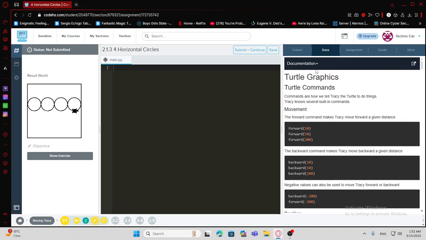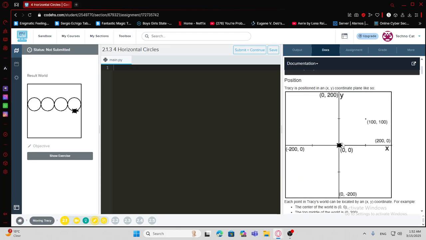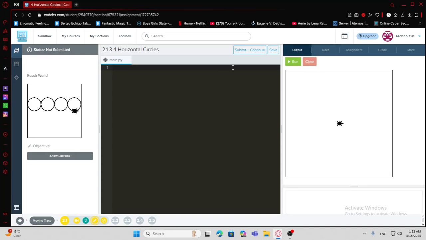So what I did here the first time is that I tried to look for commands to make this quicker, because I could write backward 200, and that would take Tracy all the way to the beginning, and actually it would be like 150, and then Tracy would go to the midpoint of that circle.